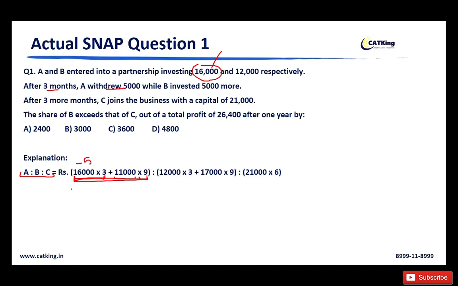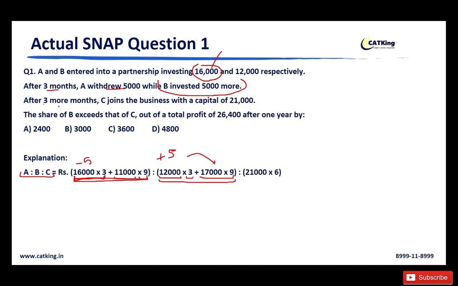Now coming down to B, B entered into the partnership by investing 12,000 rupees for 3 months, and again after 3 months B invested 5,000 more. So 12,000 plus 5,000 will be equal to 17,000 and he invested 17,000 for 9 months. So this entire figure will be B's investment.